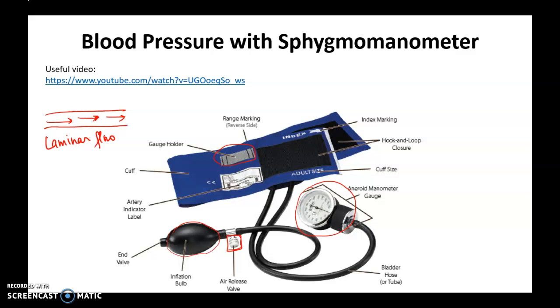Now, let's do something. Let's try to constrict the blood vessel somehow. So what I'm doing is I'm constricting the blood vessel, so I'm not letting the blood pass. So a lot of blood is here, right? Now, when I constrict the blood vessel, obviously the blood cannot flow smoothly here.